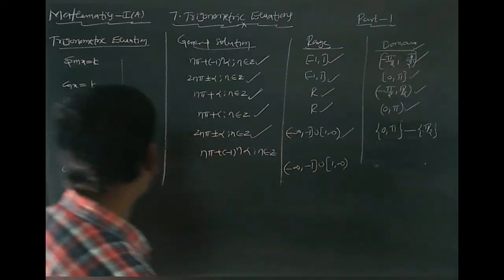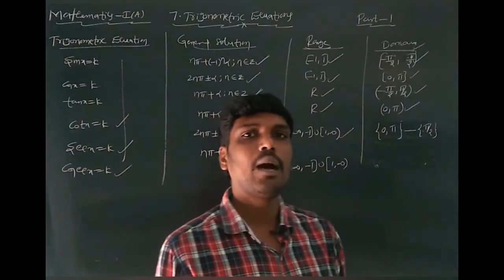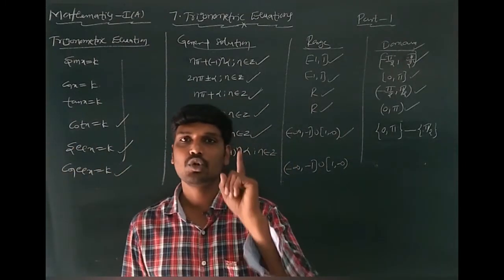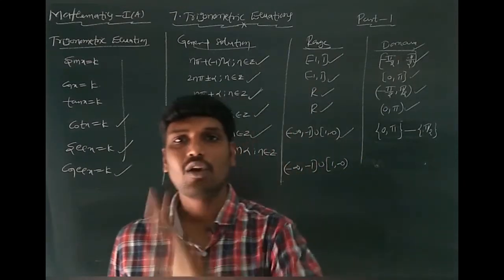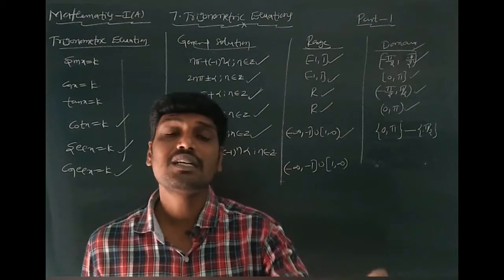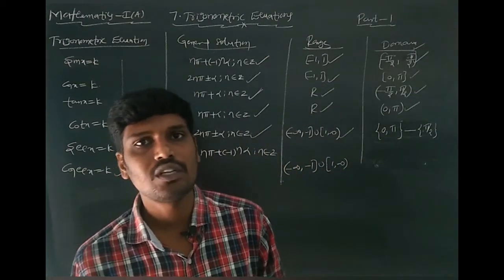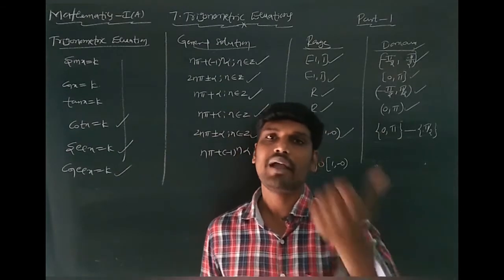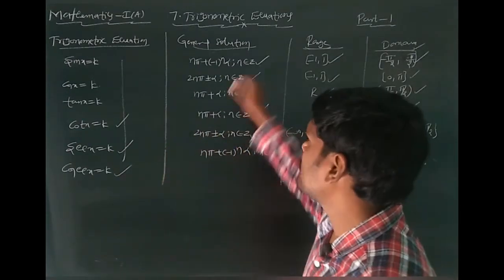After that, you go to cosecant x is equal to k. Its general solution is the same as the sin x is equal to k general solution, which is theta equal to n pi plus -1 whole power n into alpha.